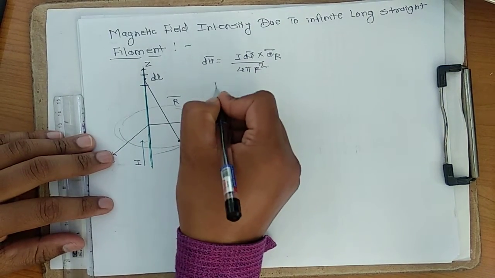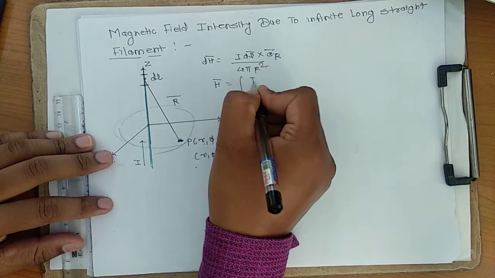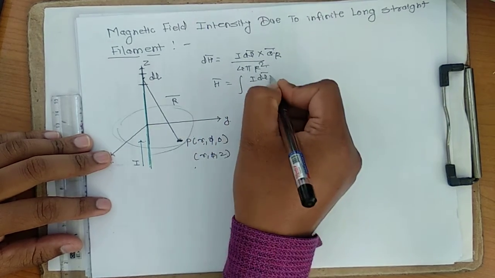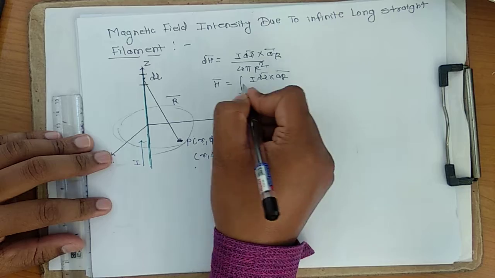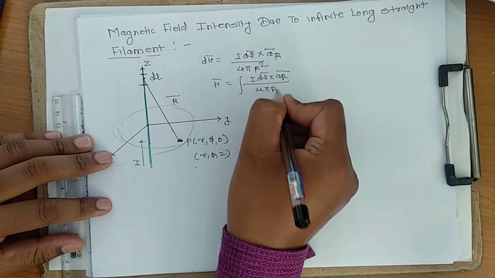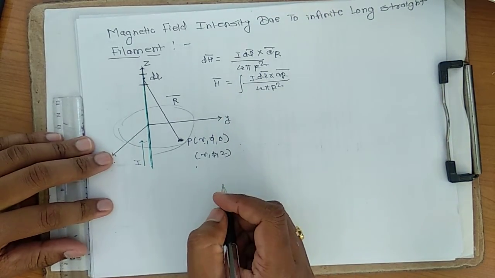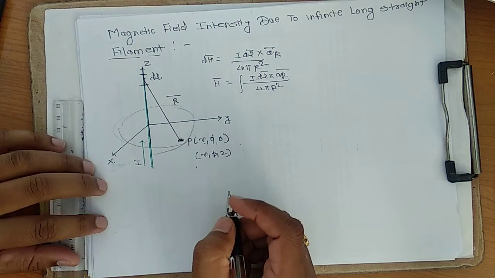If you are calculating H bar, then it is the integration of I dL bar cross aR bar divided by 4 pi R squared. That is the relation to calculate H bar.